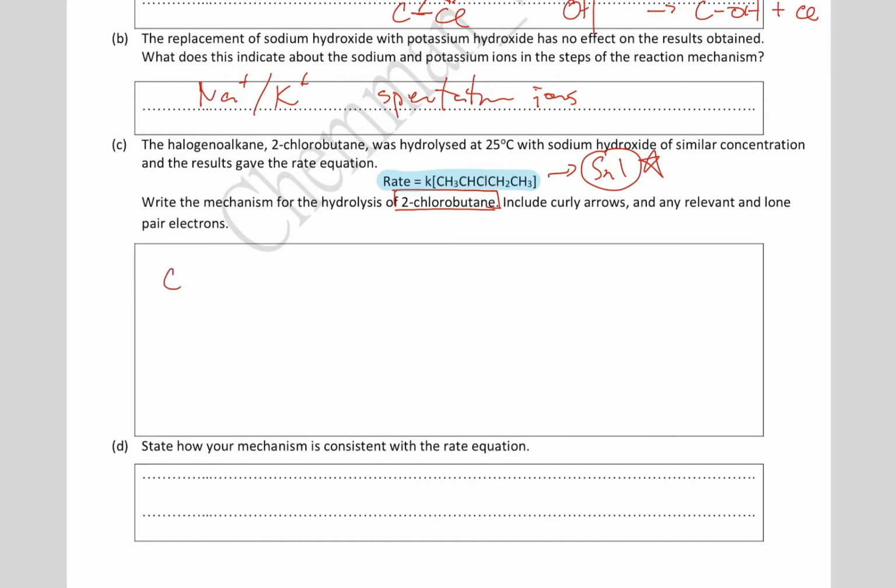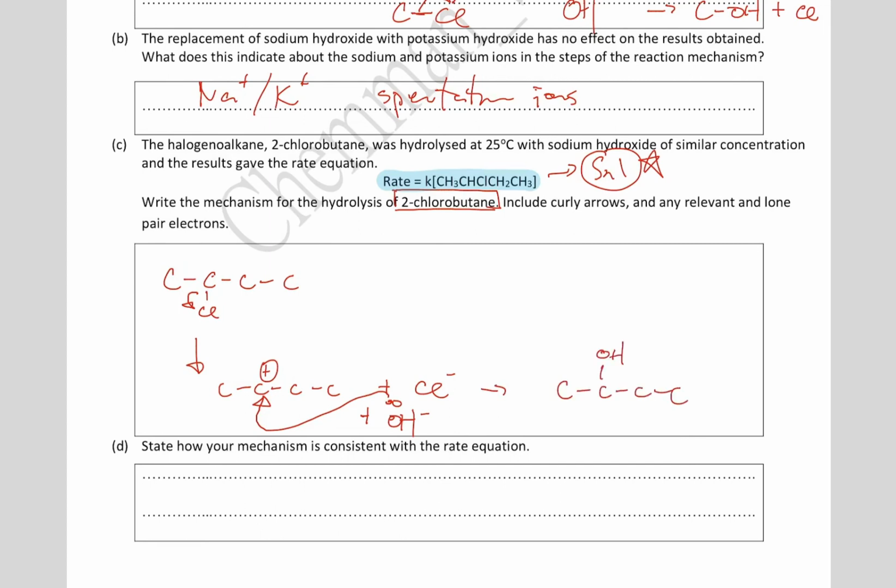Therefore, we all know that if it's an SN1 mechanism, then we draw the mechanism, ignore the hydrogen first maybe, then we can draw the arrow from the bond to chlorine first. Then you can form a carbocation, and also Cl minus. Then at the same time, the hydroxide will also appear.